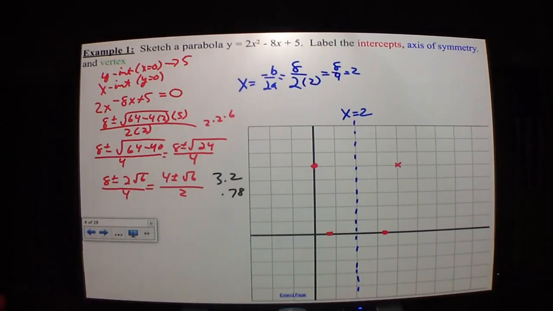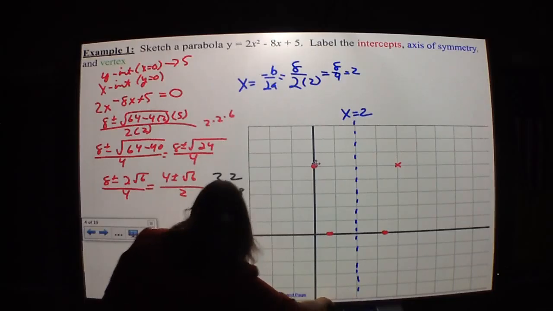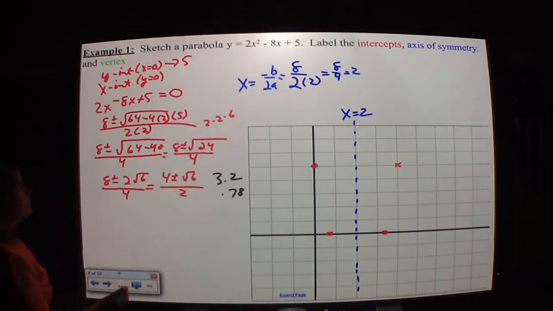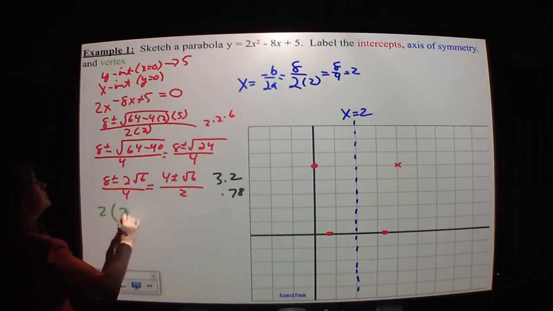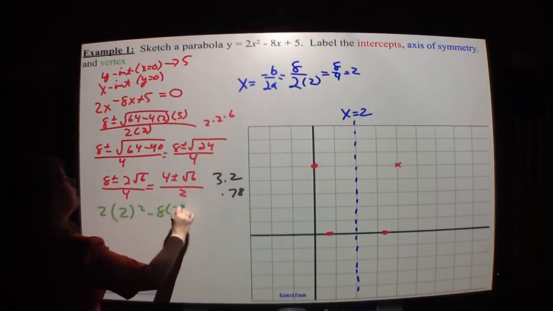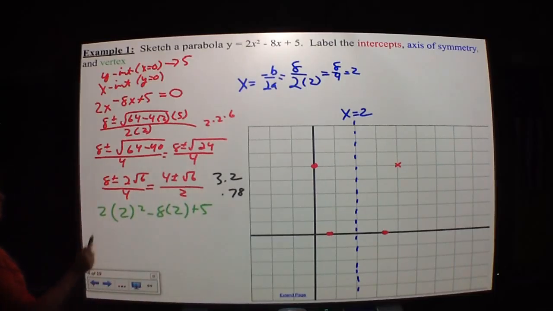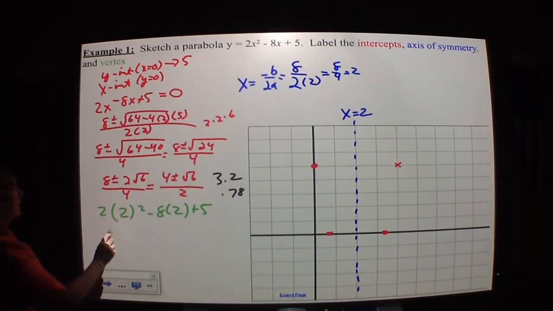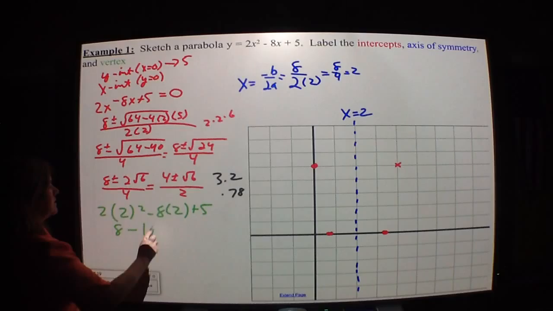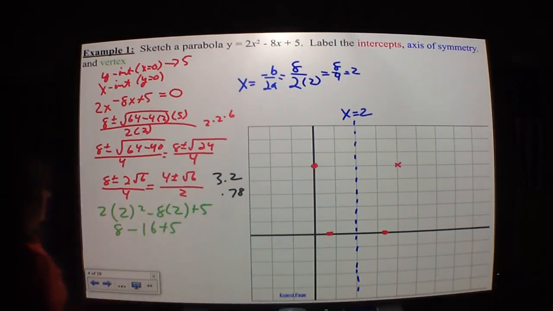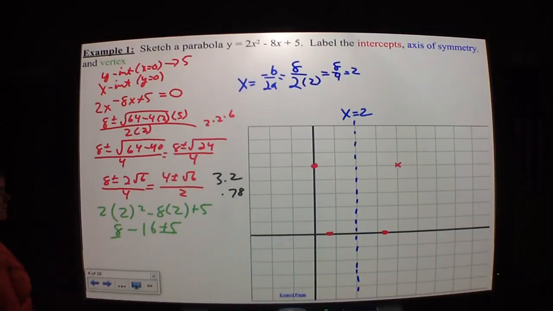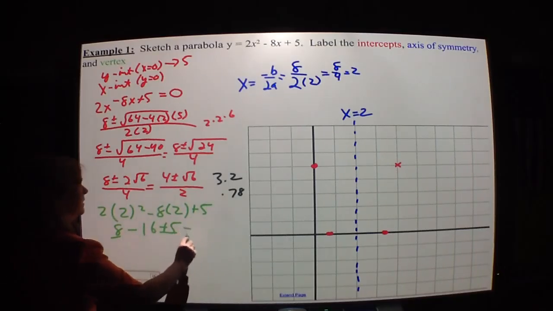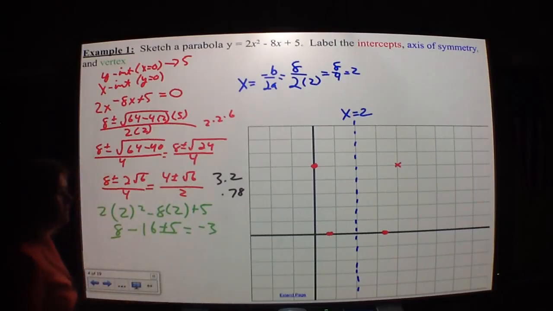And my vertex: plug in x equals 2 into my original equation. So I'm in green now. And so my equation is, x was 2, so 2 squared minus 8 times 2 plus 5. 2 times 2 is 4, times 2 is 8, minus 16 plus 5. 8 plus 5 is 13, minus 16 is negative 3.